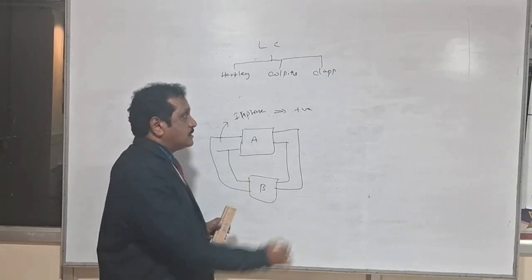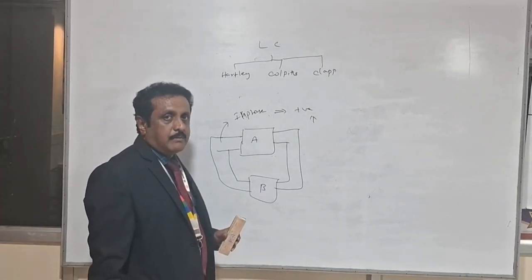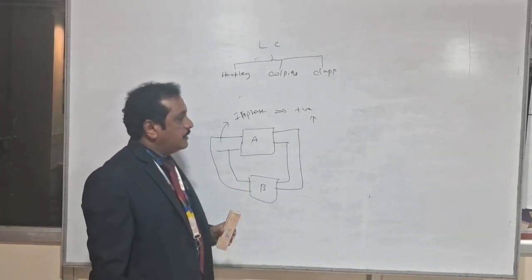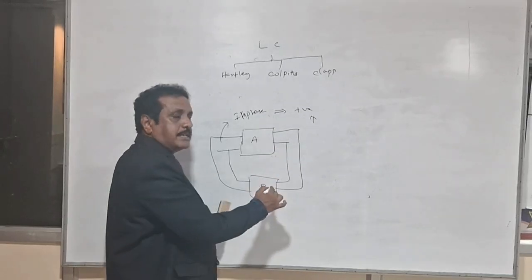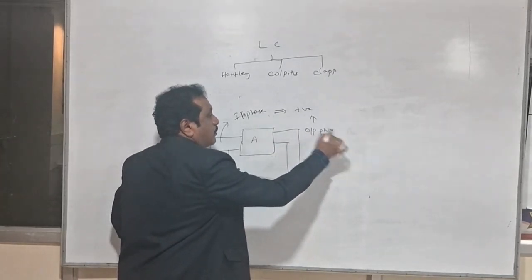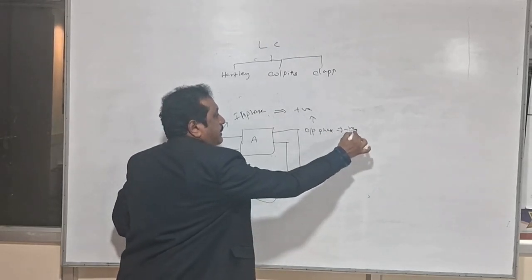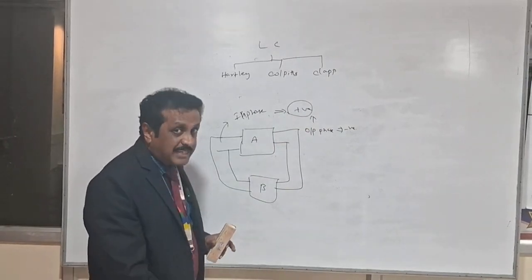As a result, your gain will be increased. That is one of the advantages of positive feedback. If the feedback signal is out of phase with the input signal, then it is negative feedback. Now we are discussing only the positive feedback application, oscillators.